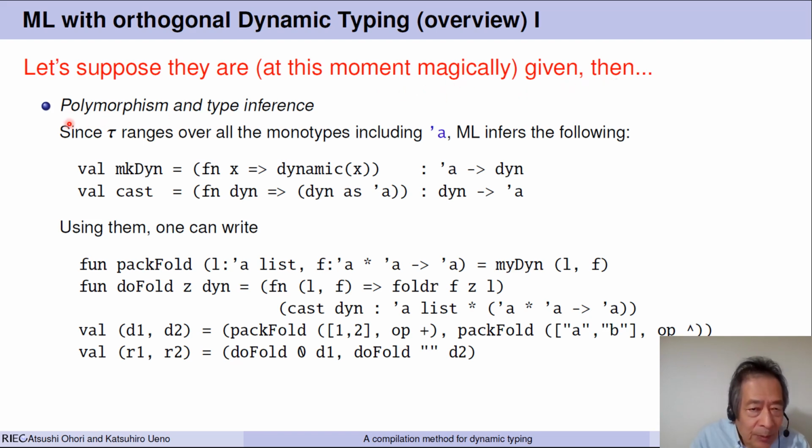Then, for example, polymorphism and type inference are no problem because from the typing rule, it is obvious that ML infers the following polymorphic type. And therefore, any polymorphic code involving these dynamic constructs has the expected polymorphic typing.